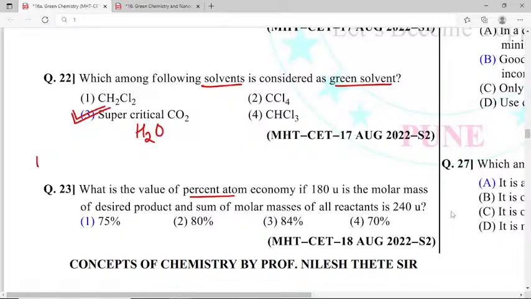So this is the 180, straightforward question, and the reactant is 240 and multiply by 100, so we'll directly get the answer. Yes, all questions from 2021 to 2025. Yes, all solid state, solution, ionic, thermo, electro, kinetics, all numerical, 6 chapters from all.